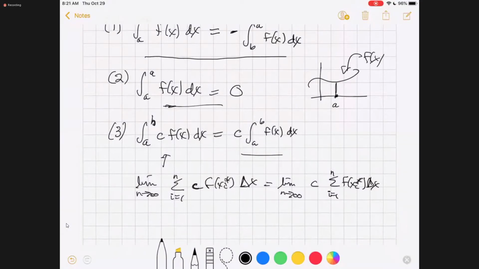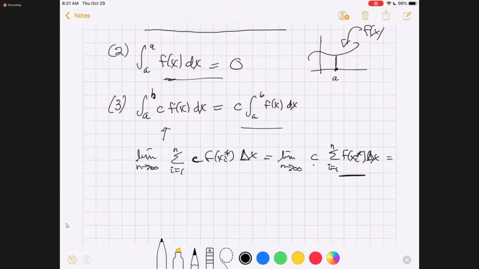And then this part has the n that's changing. This is just a constant. Well, I can put that c outside the limit too. It's one of the rules about limits, one of the limit laws.